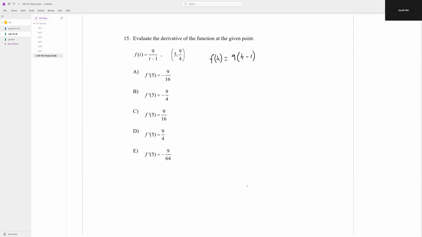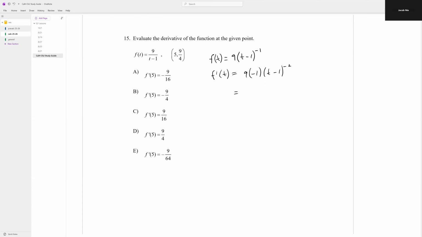A reciprocal of t minus 1 is just t minus 1 to the -1 power. And so this just calls for chain rule when I find the derivative. That means f prime of t is equal to 9, and the power comes to the front, so 9 times -1 times t minus 1 to the -2, and then I have to multiply by the derivative of the inside function, which is t minus 1. But that derivative is just 1, and so it doesn't change anything.